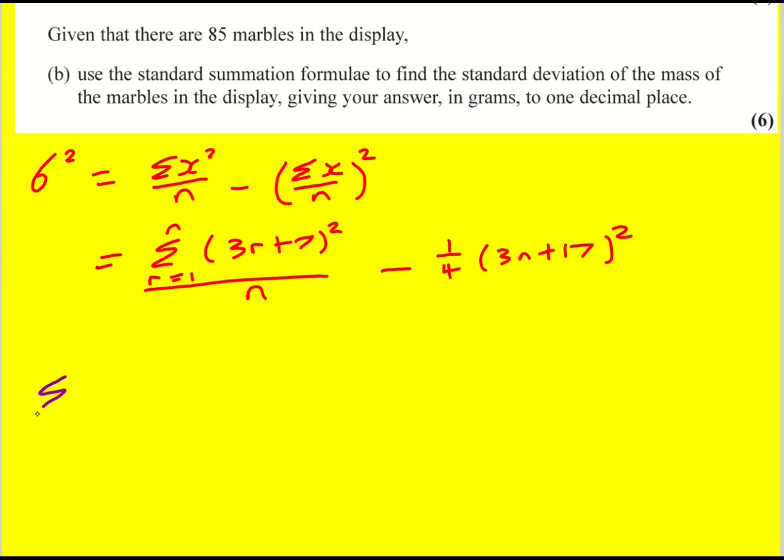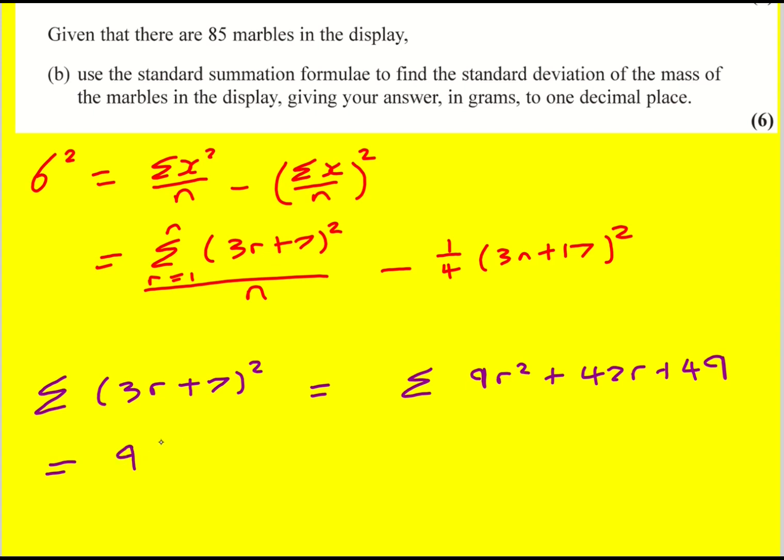So I think it's best to just focus on the 3r plus 7 all squared. This will become the sum of 9r squared plus 42r plus 49. And we're going to do a similar sort of thing now. So 9 times the summation of r squared plus 42 times the summation of r plus 49 times the summation of 1s.